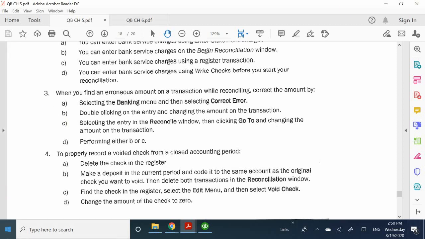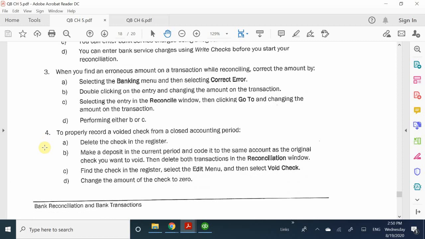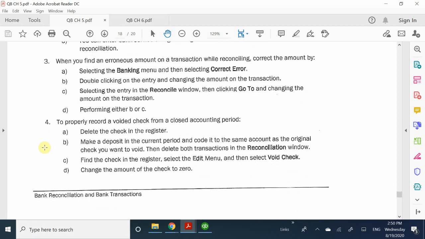Okay, number 4. To properly record a voided check from a closing account period, A, do you delete the check in the register, or B, do you make the check deposit on the current period and code it, or C, do you find the check in the register, select edit menu, and then select void, or D, do you charge the amount of the check?